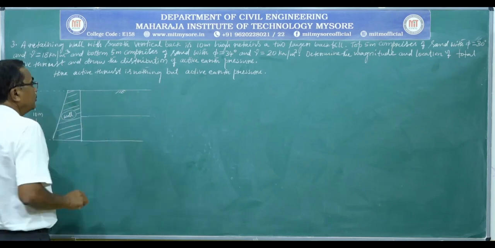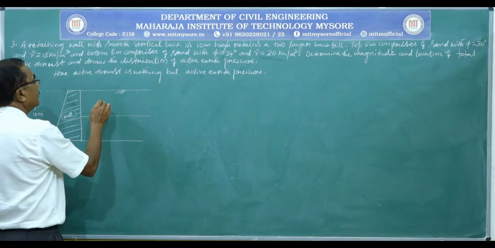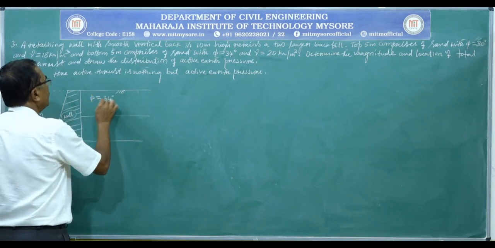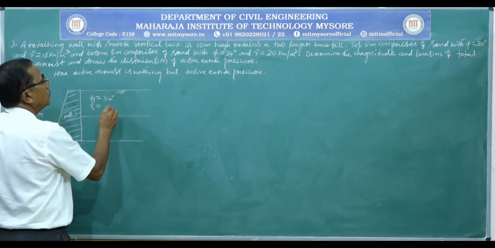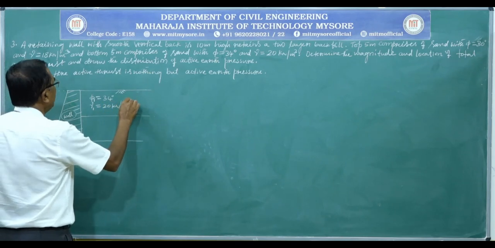The top layer, top 5 meter layer of soil consisting of phi 1 is equal to 30 degree and gamma 1 is equal to 18 kilonewton per meter cube.